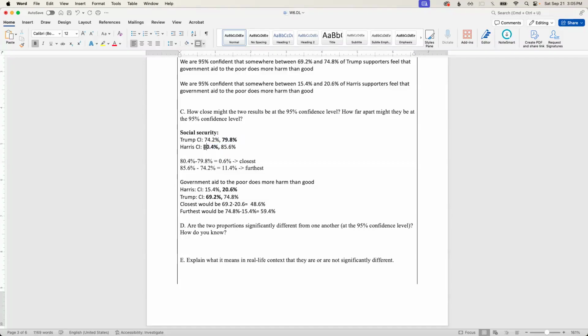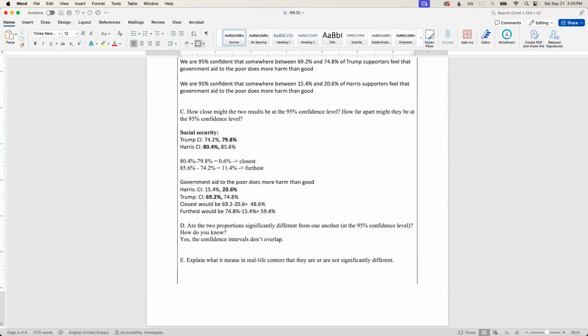So they don't overlap, and the closest does not include zero. And so that means they're significantly different, meaning we're over 95% confident they're not the same. And for this one, we can tell that they are significantly different because there's this big gap here, almost 50% between the two. These two confidence intervals don't overlap.